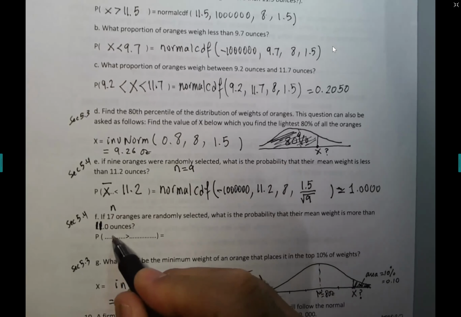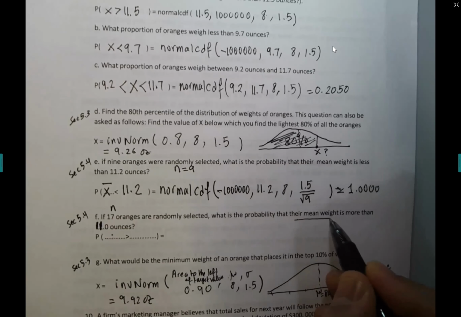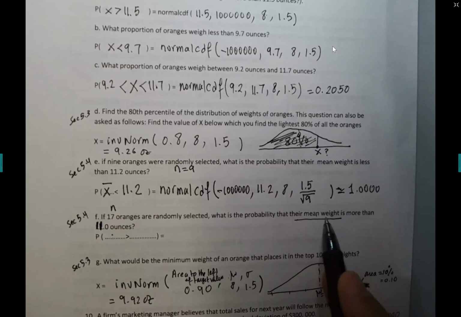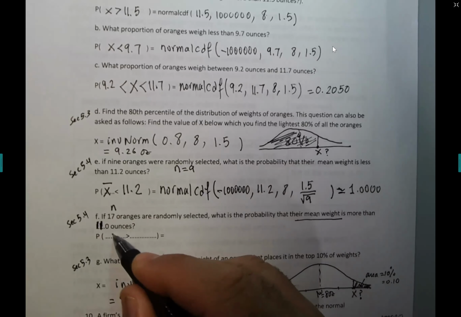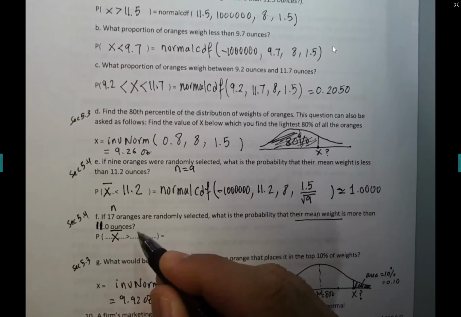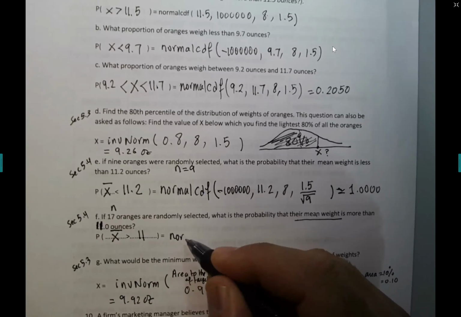What do I put here on the left? He says, what's the probability that their mean weight? You see the word mean, guys? Mean weight, sample mean. So not X, we use X bar. More than 11. Okay. Normal CDF.